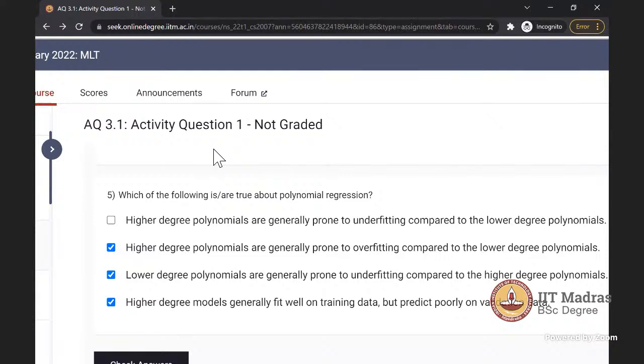So it is a subjective question is what I'm saying. It is subject to what kind of training data you have in your hand. So I think the intention is fulfilled. You already know when it starts to overfit. Maybe we can rephrase this option so that there is no confusion.